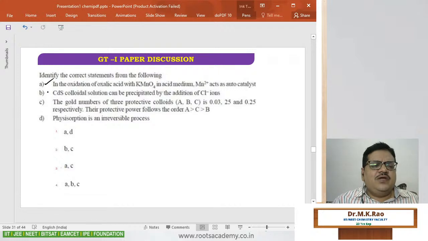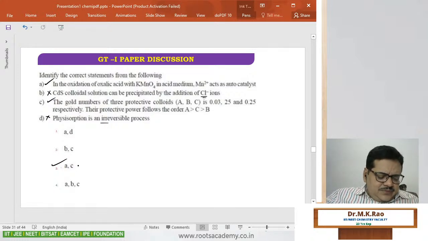Cadmium sulfide we cannot coagulate because it is precipitated by addition of Cl minus. No. Next, gold number of 3 protective layers is given. It is memory based. It is correct. Physisorption is an irreversible process. No, it is a reversible process. It is incorrect. A and C are correct.